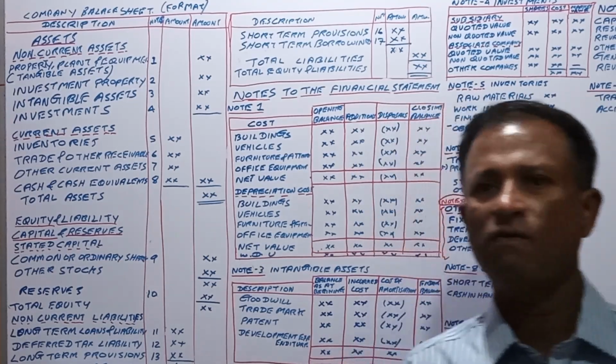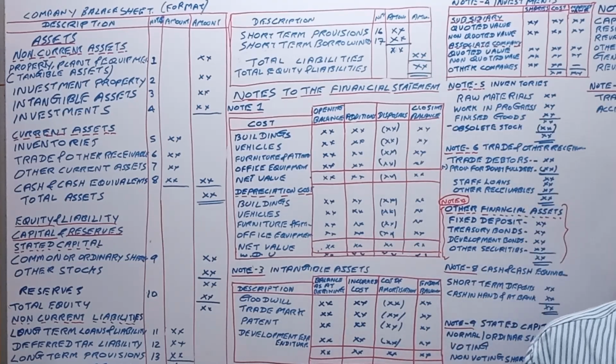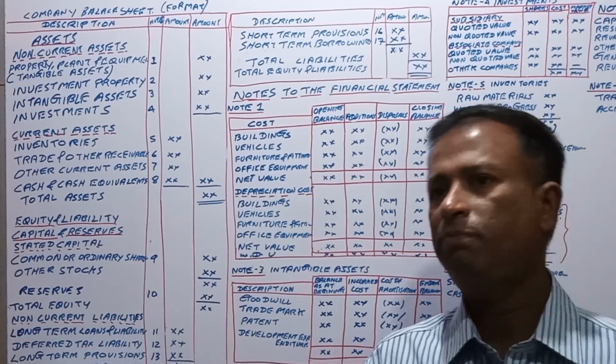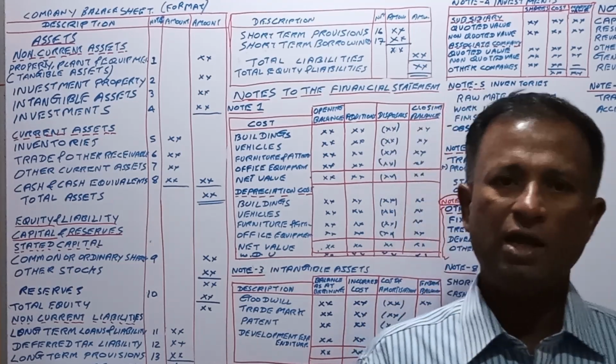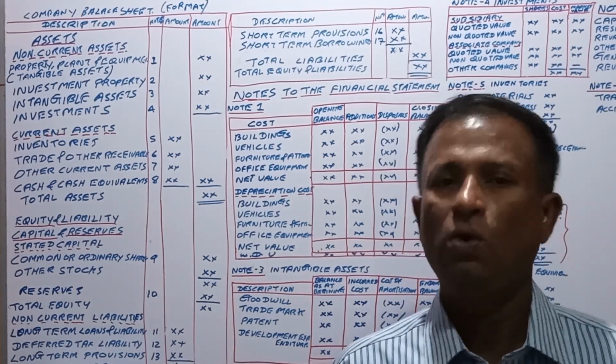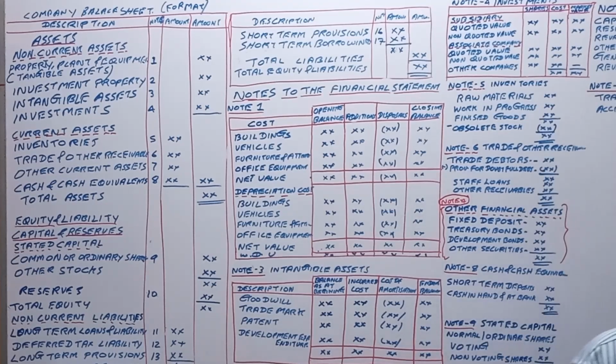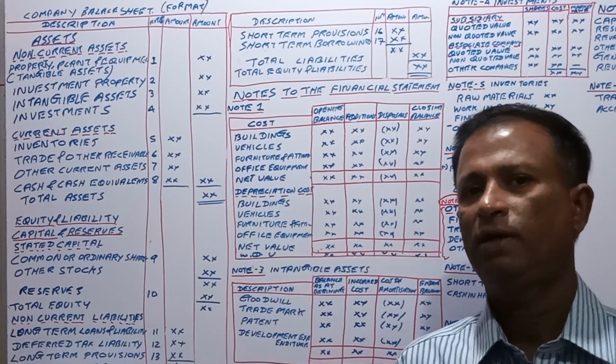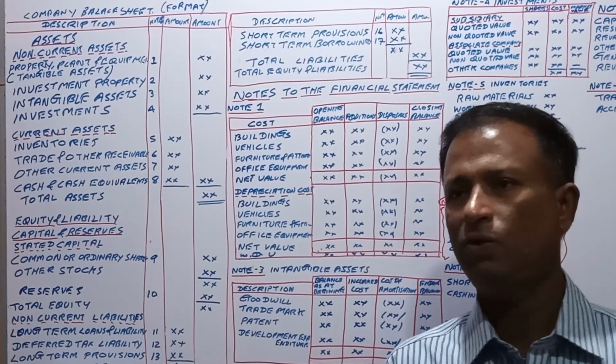In the annual general meeting, the shareholders with voting power can select the directors and remove the directors. Ordinary shareholders who have voting power have all these powers, right? Non-voting shareholders don't have them.